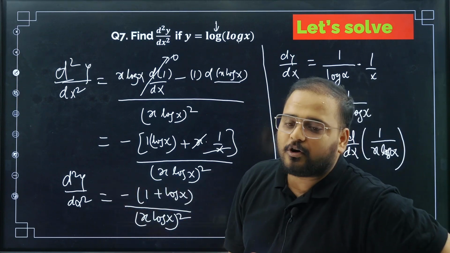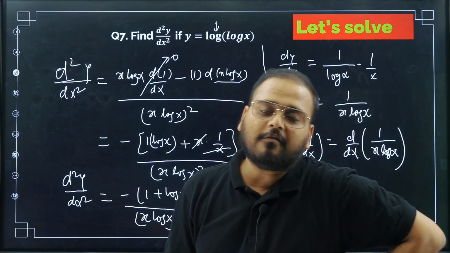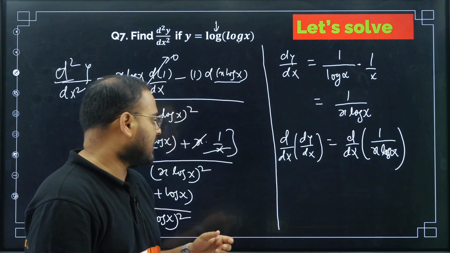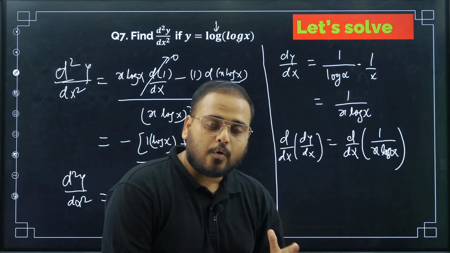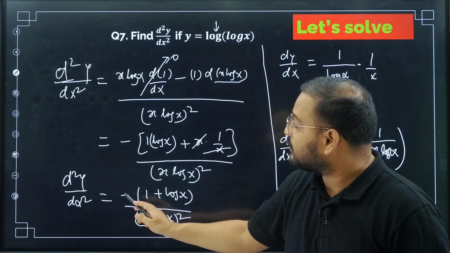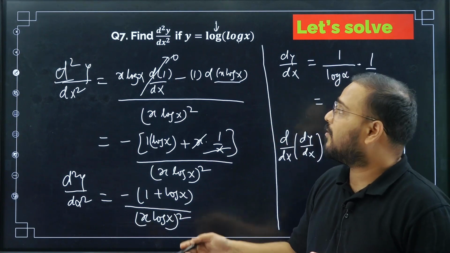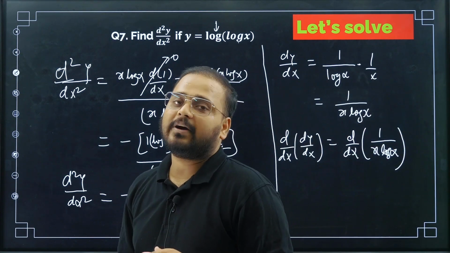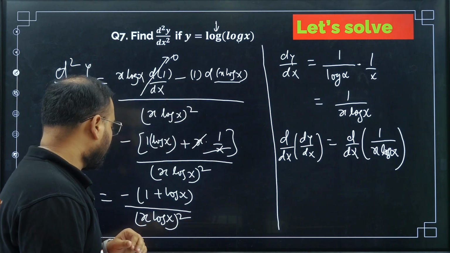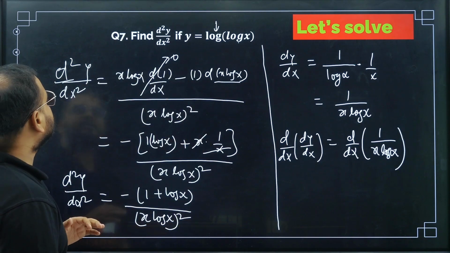This is my final answer. This is my second order derivative for the given function, log of log x. Please understand this. The second order derivative is defined, sir. I hope this is clear and you can see this entire thing.